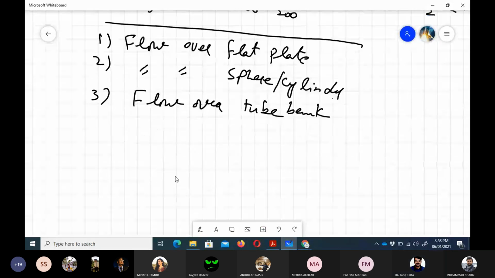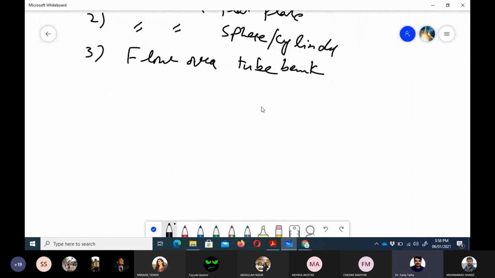Now, this is first of the practical application of flows over external body. So, one heat exchanger which is very common is called shell and tube heat exchanger.